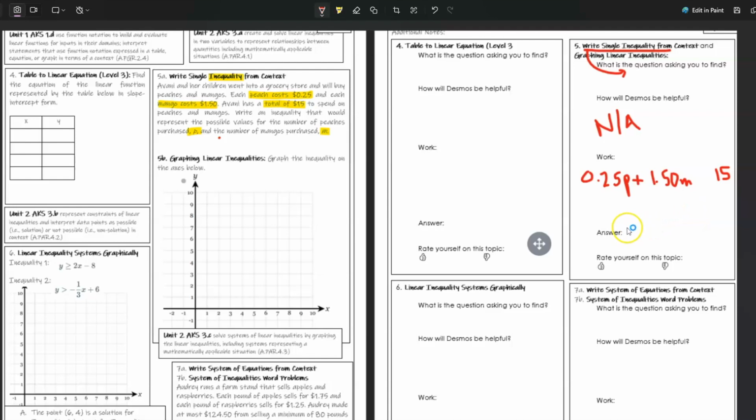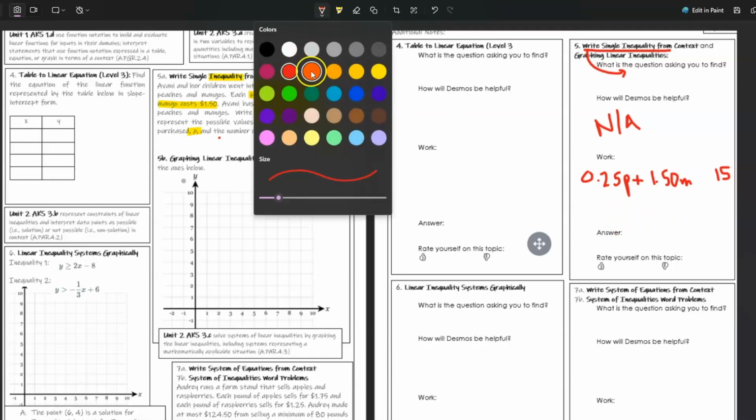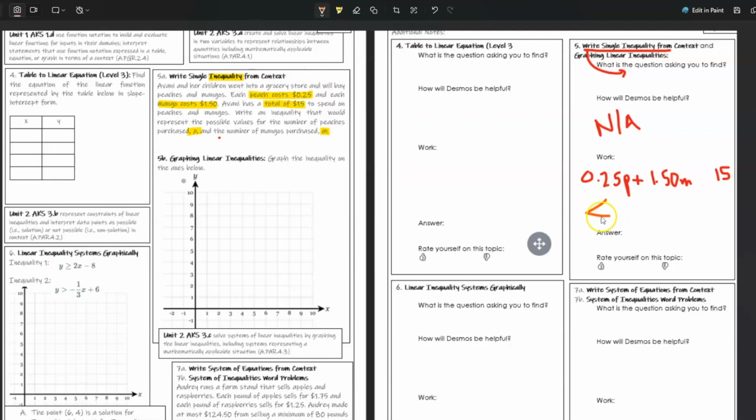So here, you need to put whatever notes you need in order to help you remember. This means less than, and again, I showed you, small is for less. So this is less. This means greater than, and again, big is for greater. That way you know what the symbols are.